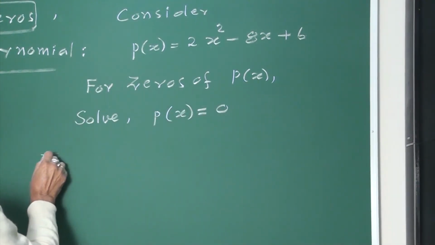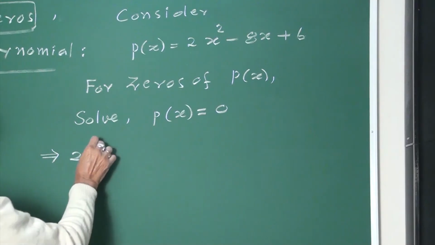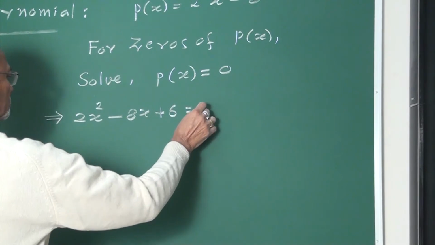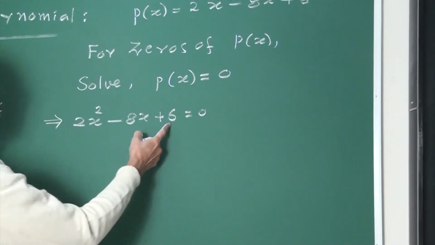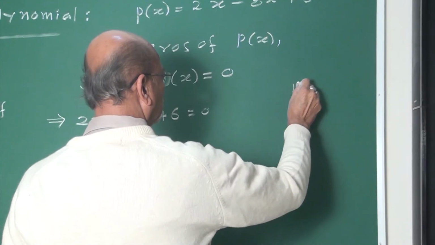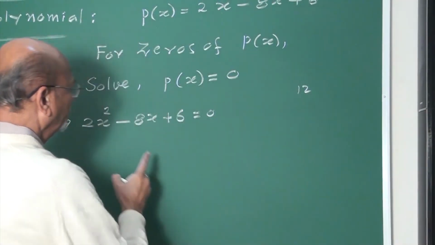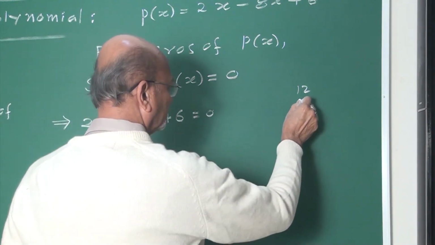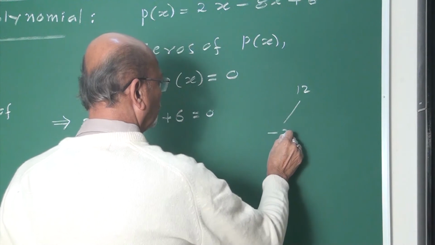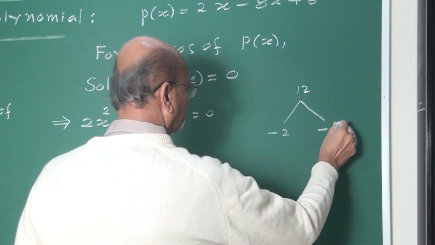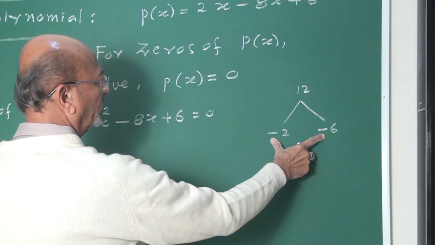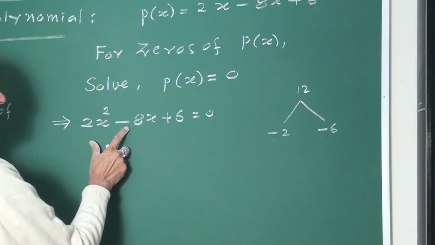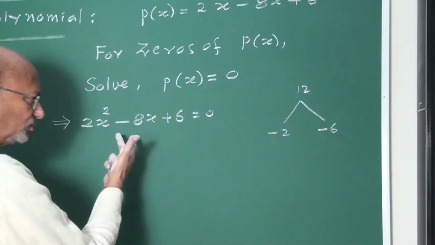That is 2x square minus 8x plus 6 equal to 0. 2 into 6 is 12. 12 you must split to get minus 8 and plus 12: minus 2 and minus 6. Their product is 12. What about their addition? Addition is minus 8.